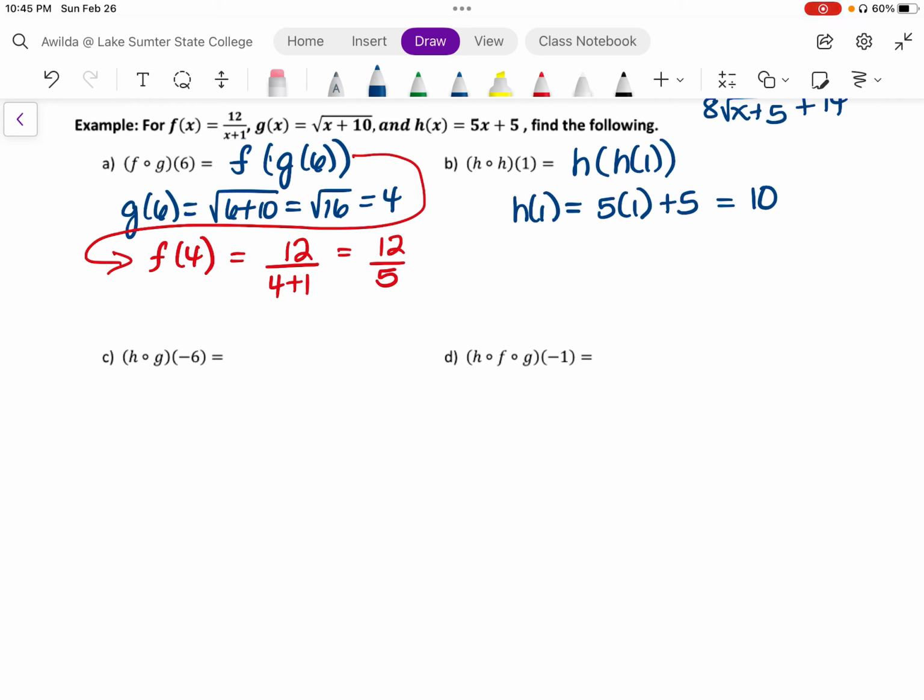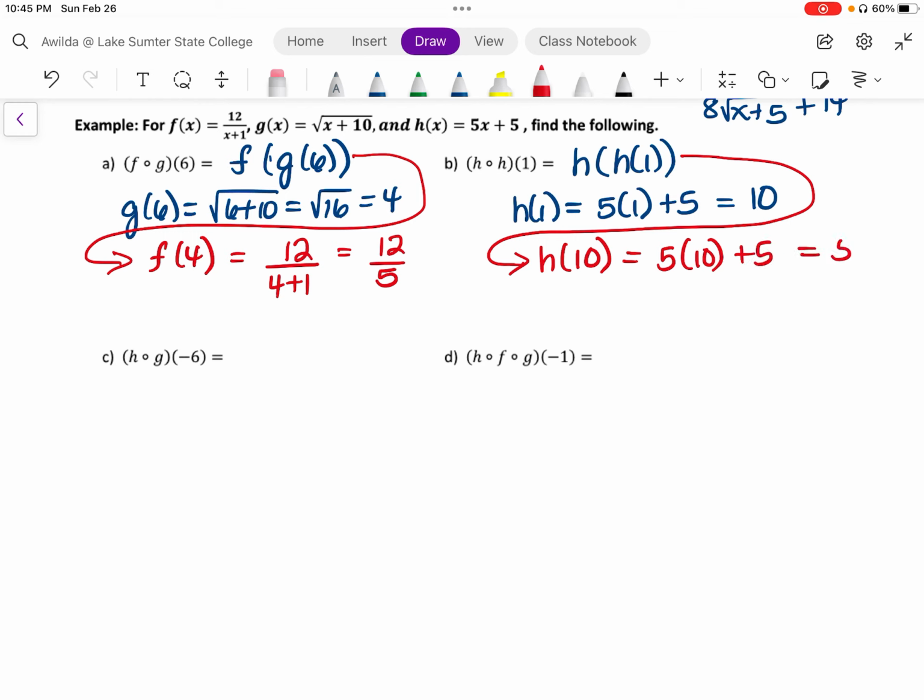Now we're going to use the value of 10 to find h composed with itself. So we're basically finding h of 10 now. So this new output becomes the input for h. And so let's go back to that rule. That's 5 times the input plus 5, so that'll give us 55.